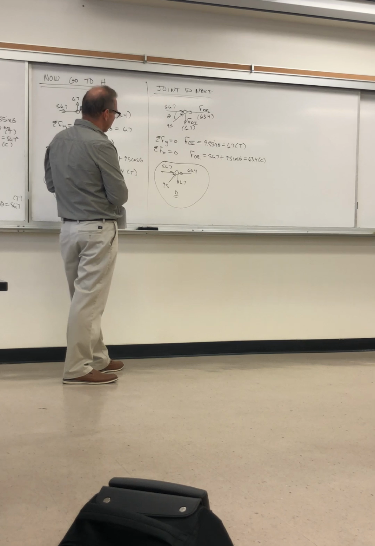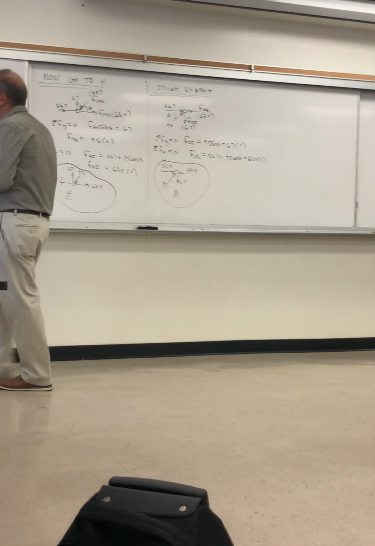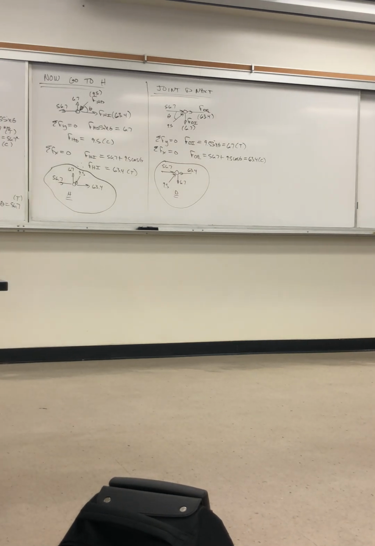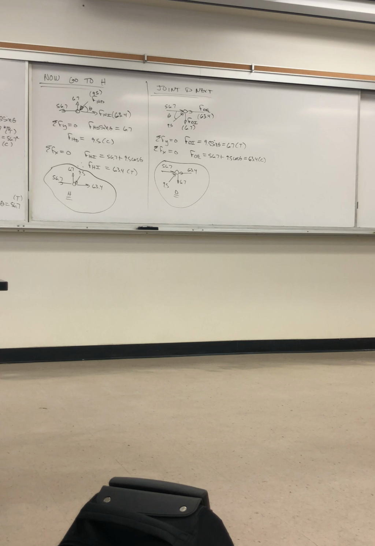So I can see horizontally, it looks like it adds up. We have a force down of 6.7 here. That's an up, 6.7, so that member's in tension. And then 63.4 compression, pushing out on both joints.